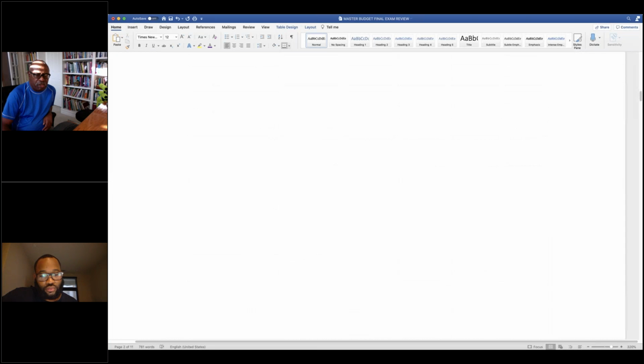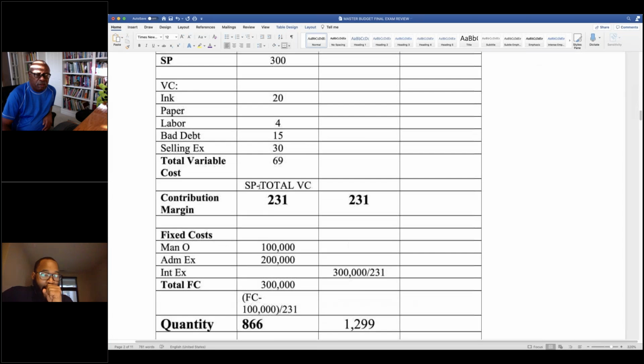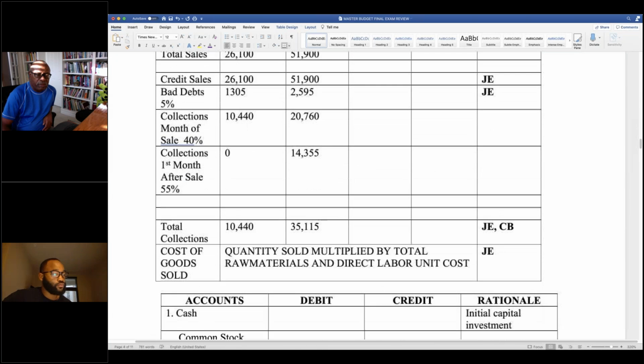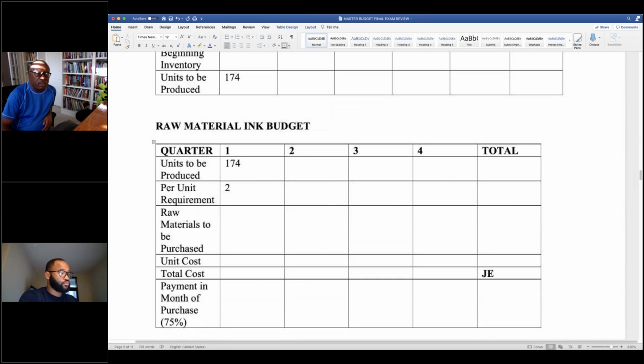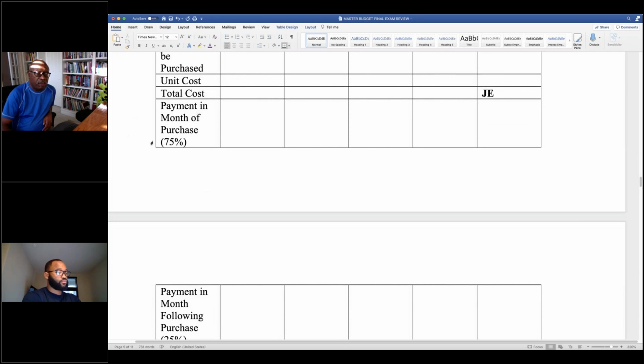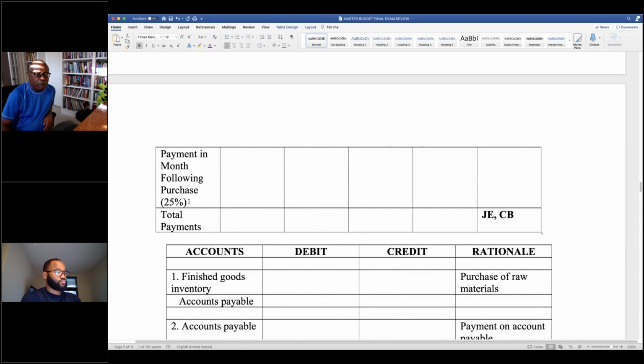So you go to your raw materials and we put those numbers in. We're going to pay 75% of what we buy in the quarter, 25% the next quarter.